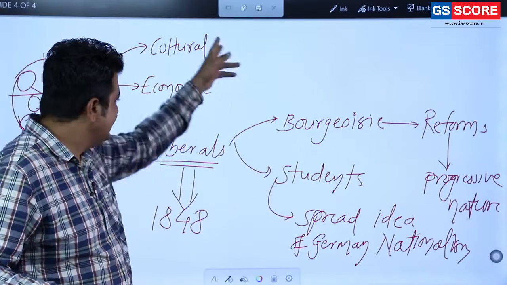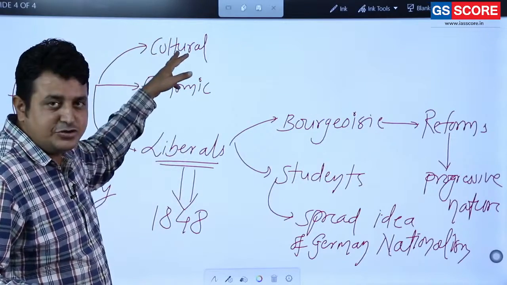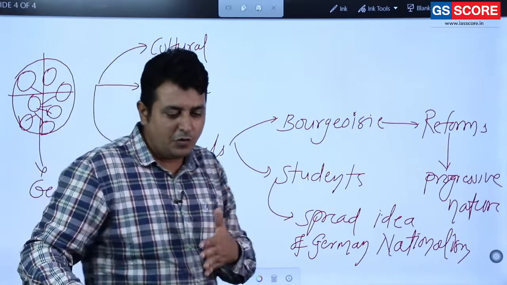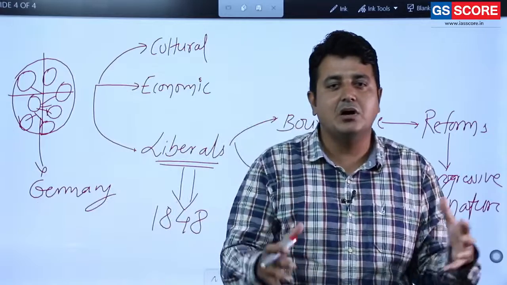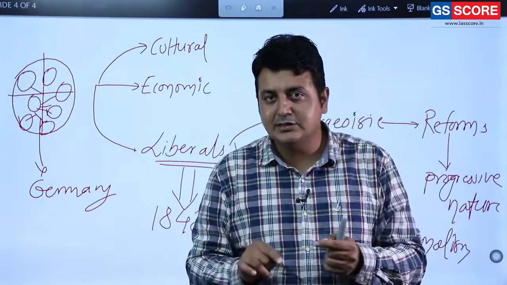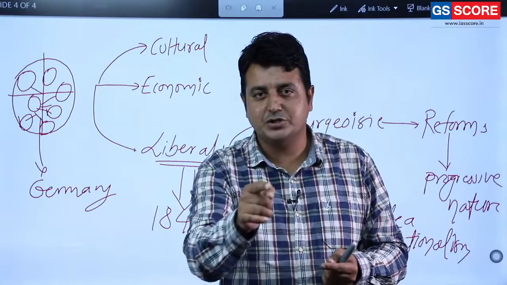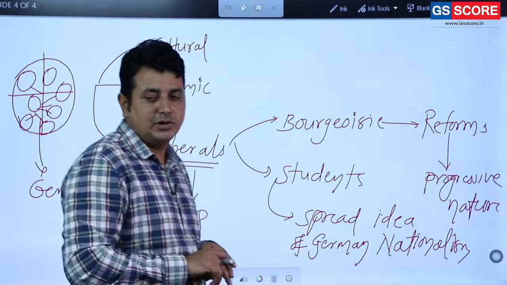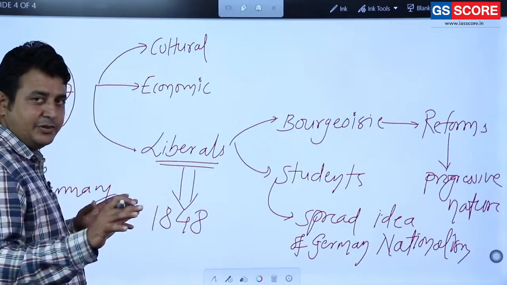Clear? So these three points are clear: cultural, economic and liberals. Now we are going to discuss from 1848 how Bismarck played an important role. So we are basically discussing the concept, which is related to the question. After discussing this concept, we are going to deal with the question. Clear? Yes, everyone? Okay.